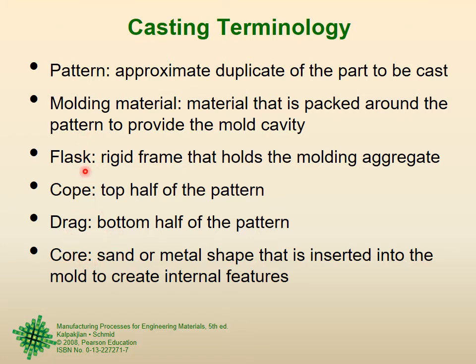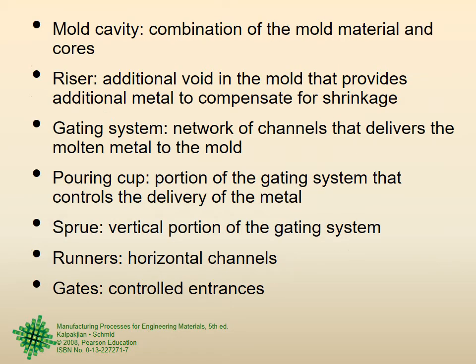I have already explained the flask, the cope, the drag, the core, and so on the drawing when we were doing the structure of the sand mold. Mold cavity is the place where the cavity for the mold is there, right? Riser, I have told you. Gating system, I have told you. Pouring cup, sprue, runners, gates, right?